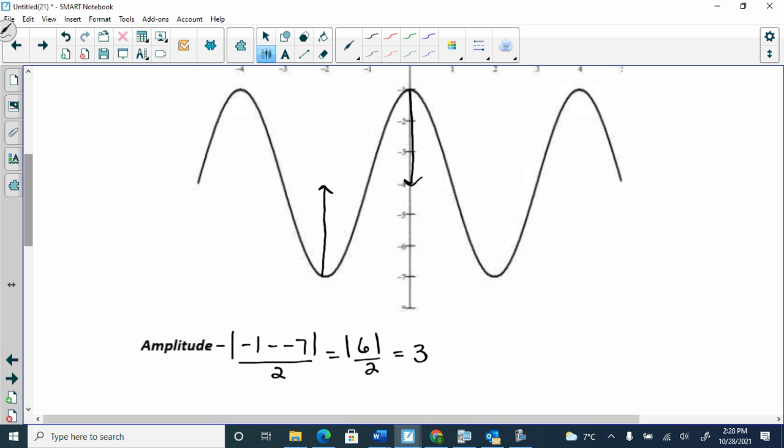So for this one, I got 3. When I count up 3 and I count down 3, they meet, correct? Okay. And I'm drawing the arrows for a reason. You'll see why when I go up 3 and down 3.